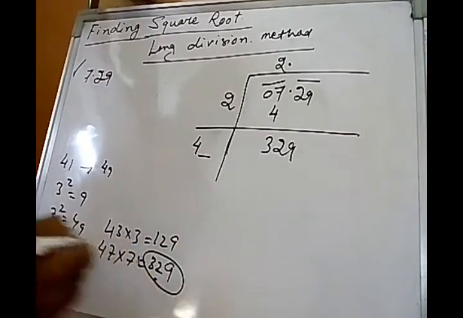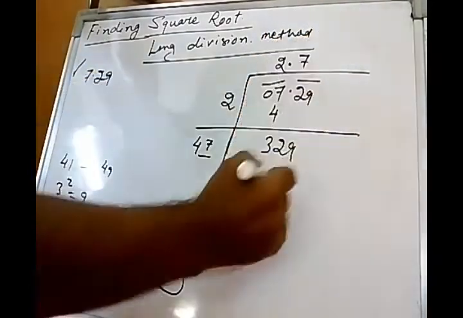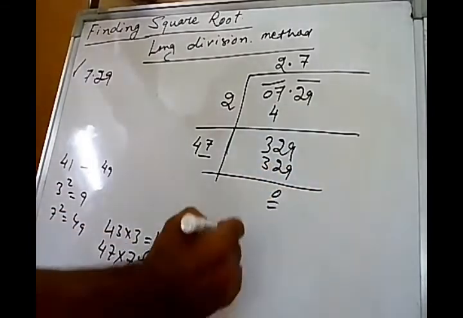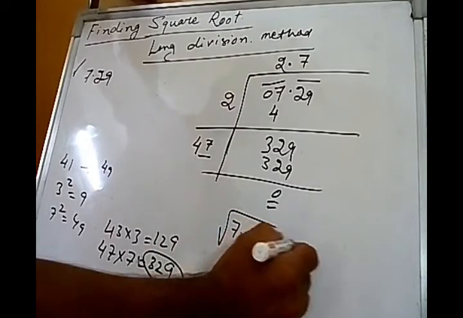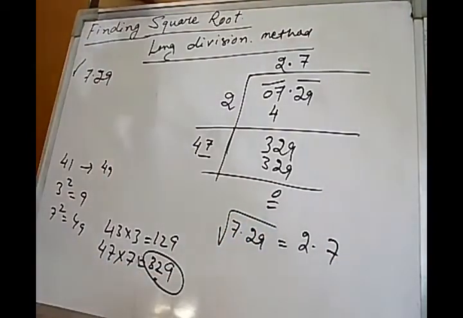So 329. So here 7 and here also 7. 329, so the remainder is 0. So the square root of 7.29 equals 2.7.